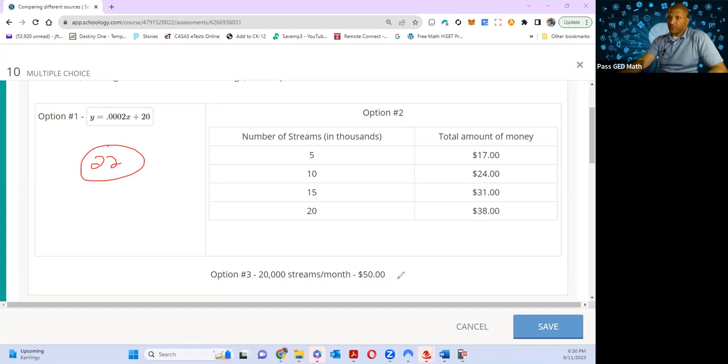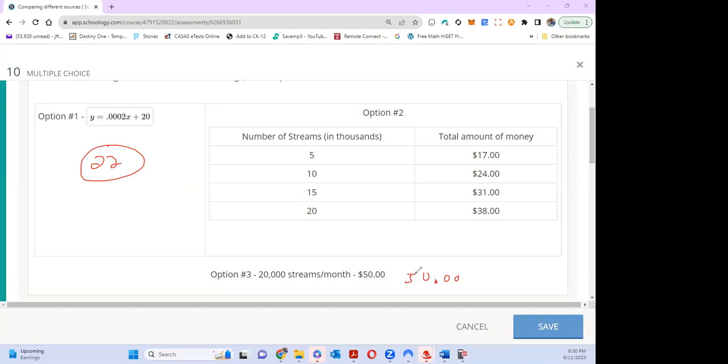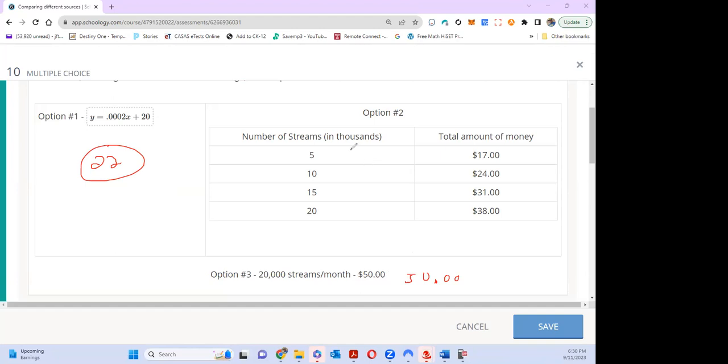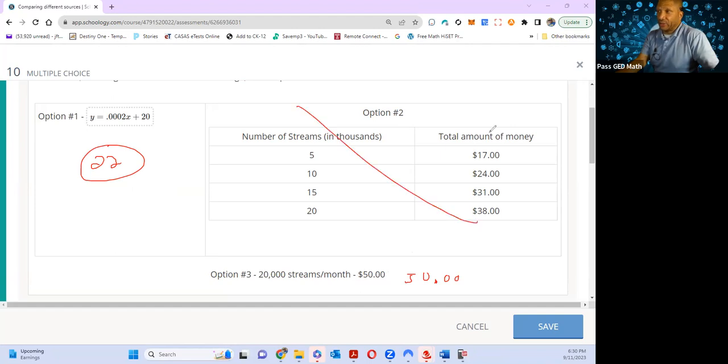For 20,000 streams, this is going to cost you $50. That's a lot. That's a flat price. This is $1.40 per stream. That was just crazy. So you multiply 10,000 times $1.40, that would be $14,000. You know that's not it. But again, option 1 is the best.